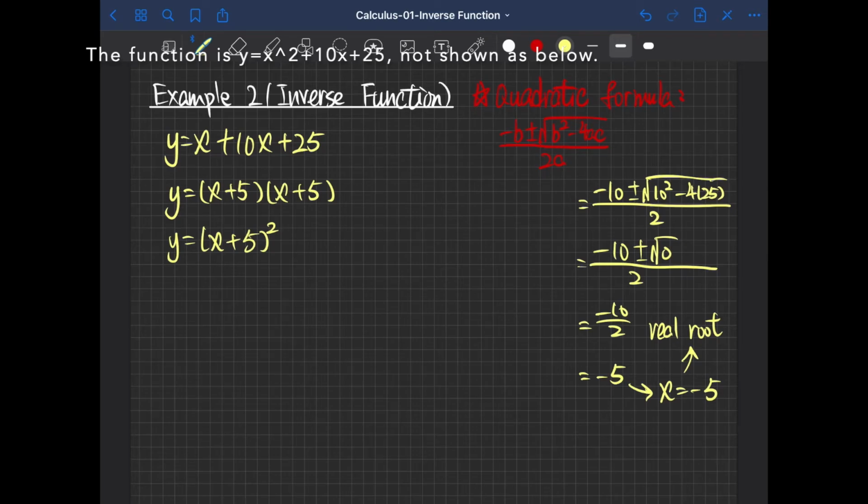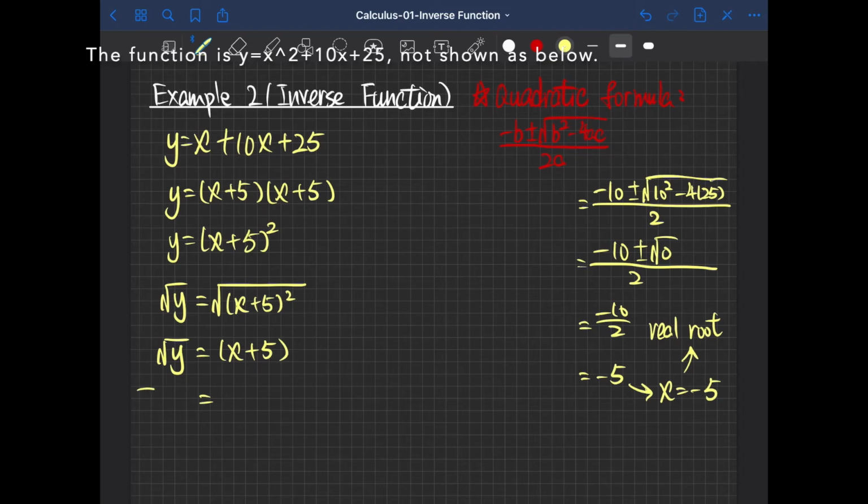Now we can do the inverse. We take the square root of both sides, and we can have square root of y equals x plus 5. It is the same as the previous example. We can cancel the square when the square root and square meet. And we leave x alone.